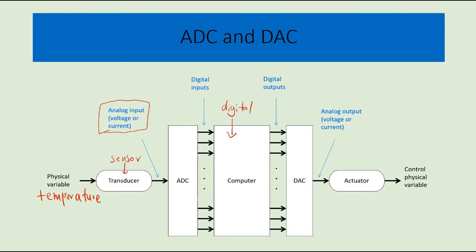Okay, so we need to convert this analog signal kepada digital by using an ADC converter, and then the output here, the input here for the computer becomes digital, and then they do some process here. Okay, they do some process here, for example, conversions or what, and then they want to move something. For example, they want to go to another place.